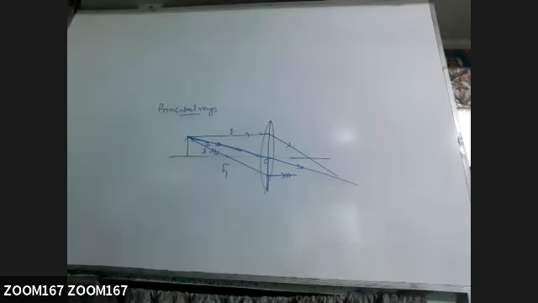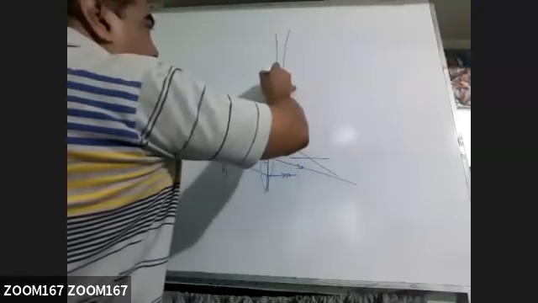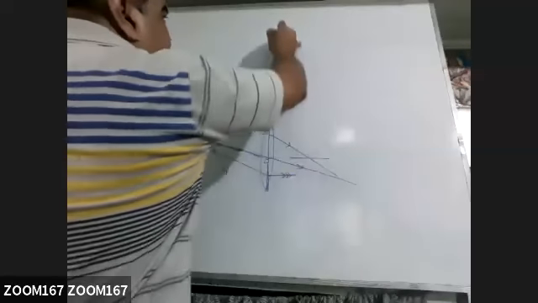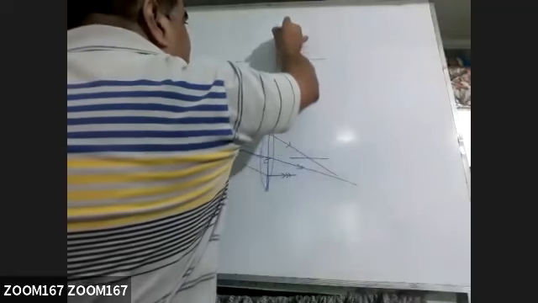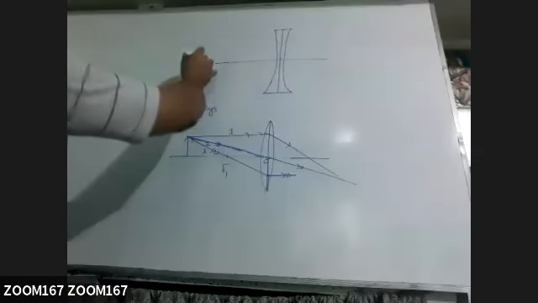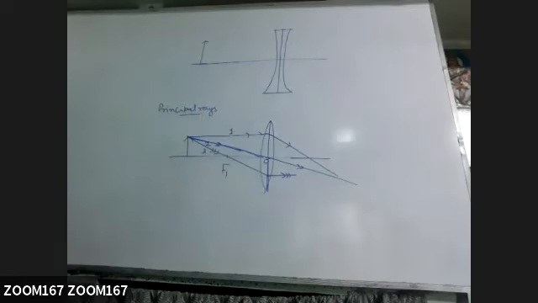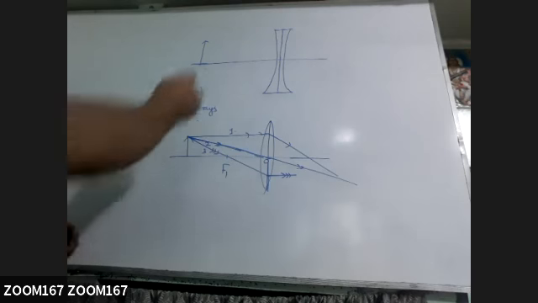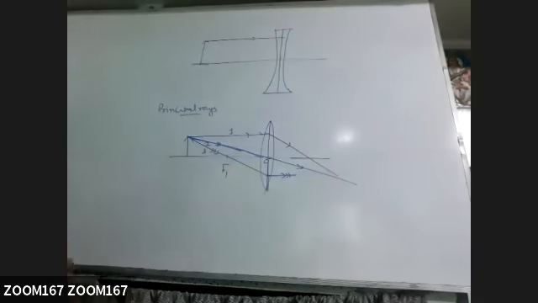Now, in case of concave lens, how will it be? Here is the object. So one ray will be parallel to the principal axis. What will happen to this ray?